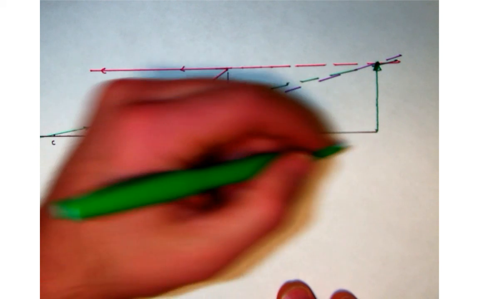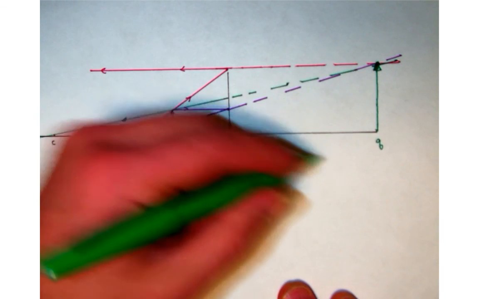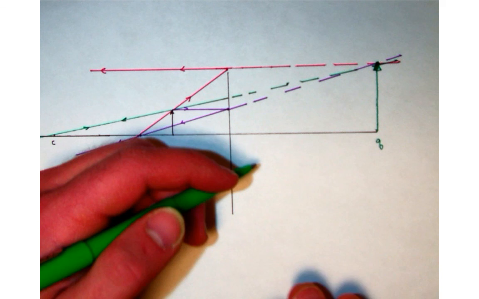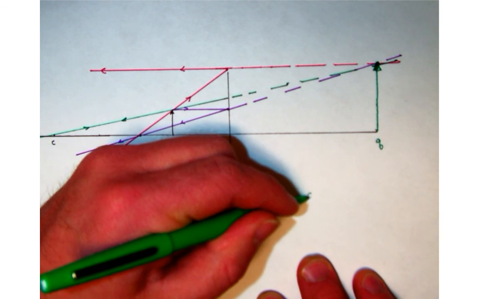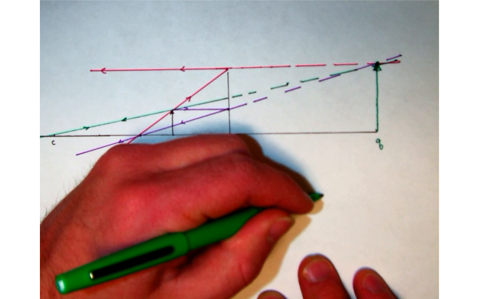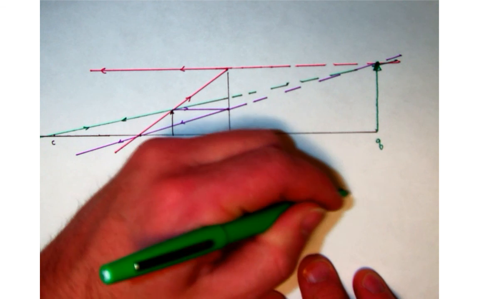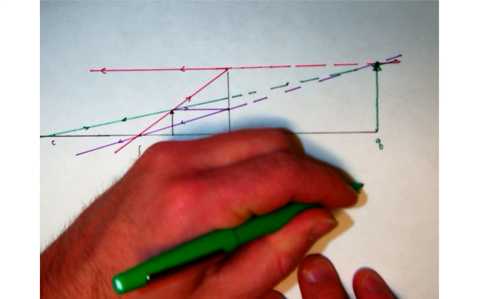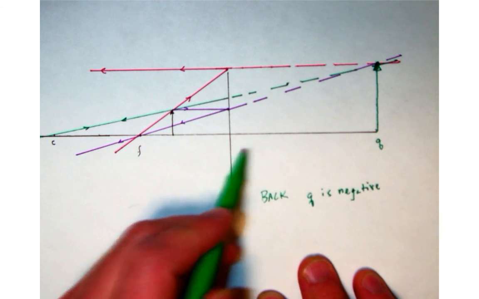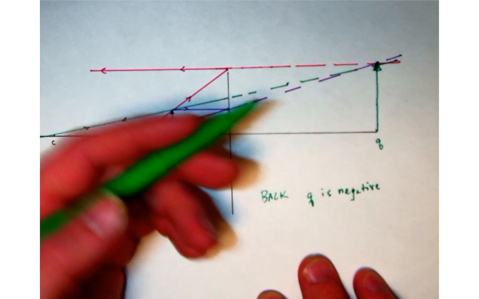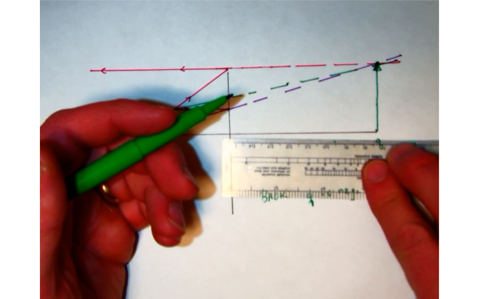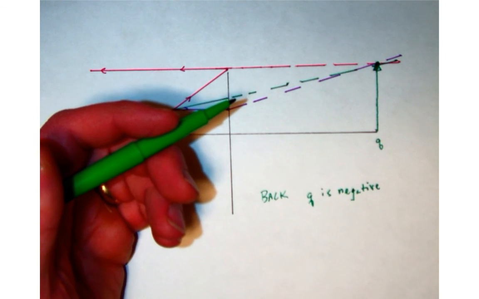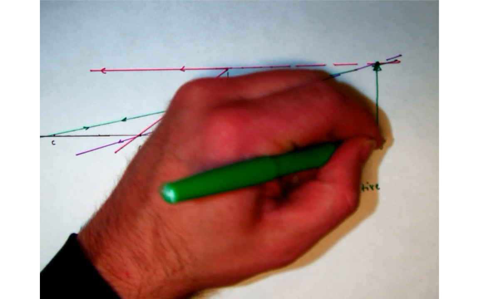So this is my new Q, but any Q distance that is on the back side of the mirror means that Q is negative. So when I measure that distance, I'll get some number of centimeters, like let's say, I don't know, 8. That would be a -8. Q would be -8 in this case.